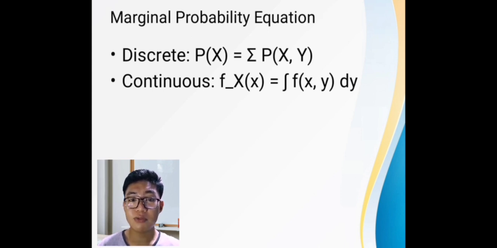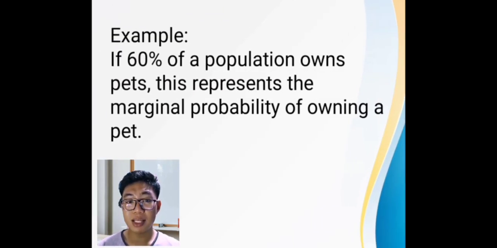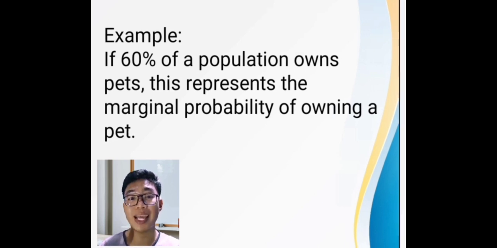And for continuous variables, we integrate over the probability density function. A simple example is that if 60% of a population owns pets, that value represents the marginal probability of owning a pet.